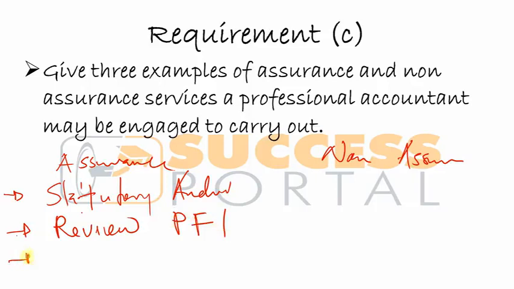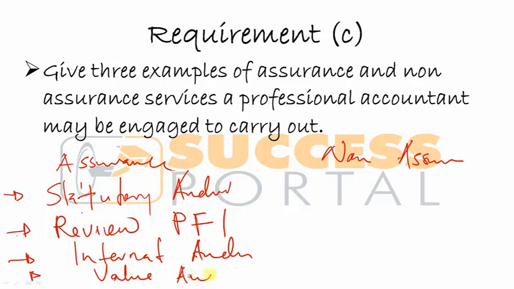You can talk about internal audits. You can talk about value for money audit, environmental audit, all those. Those are assurance. While non-assurance, we can talk about compilation of financial statements.